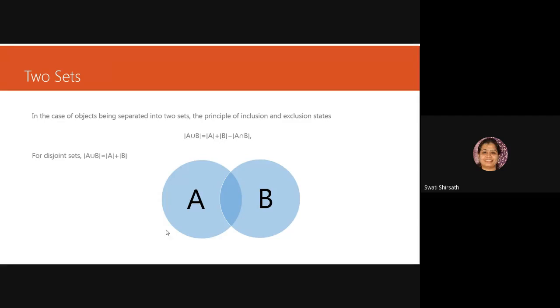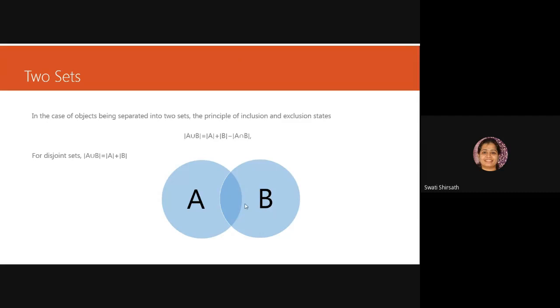I always solve examples based on the principle of inclusion exclusion using a Venn diagram. For two sets, in this Venn diagram, A and B are intersecting here, and we want to avoid counting this part twice. We want this part and this part to be counted.